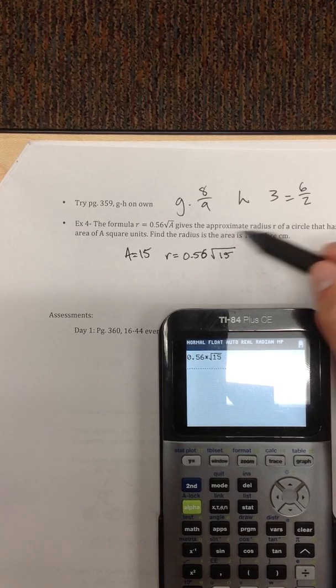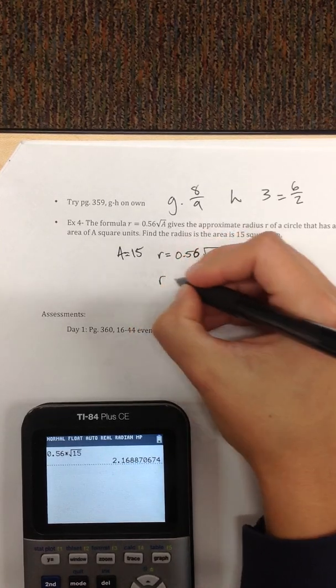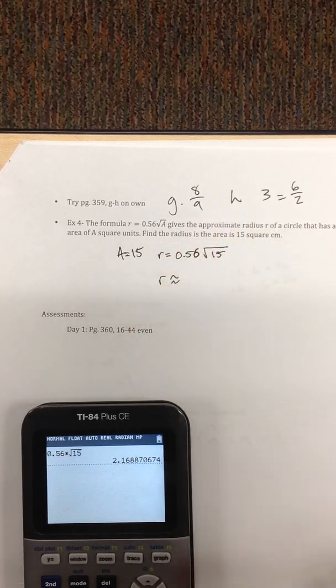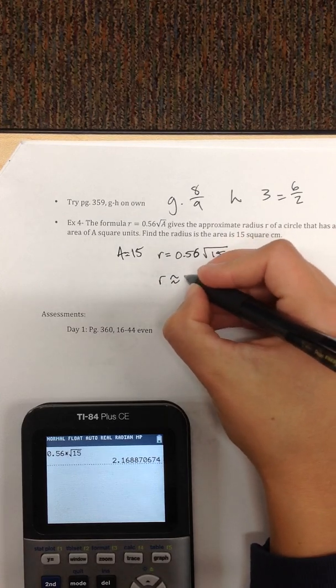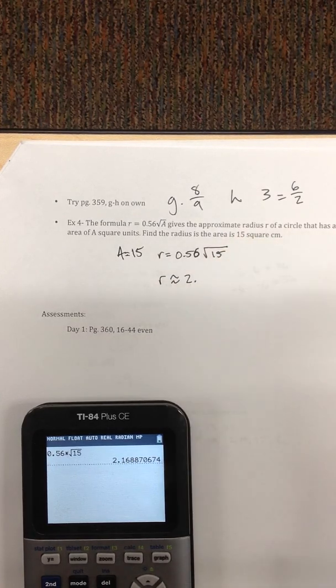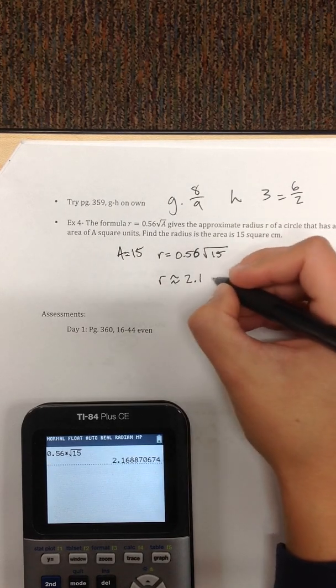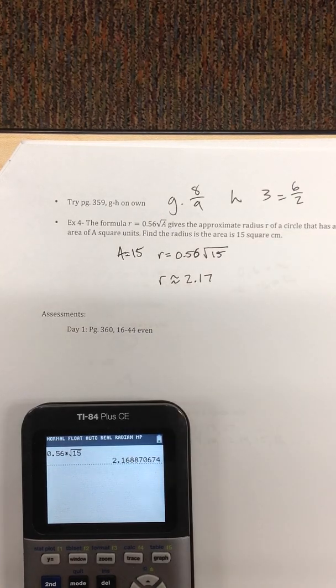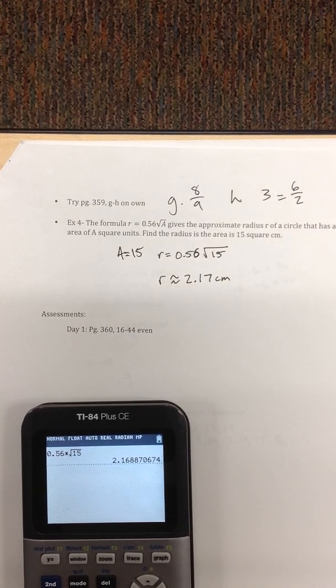But since they just want an approximation, because they say approximate, we can just write our radius is, and then if you do a squiggly equal sign, that means approximately equal to. And then we'll just go 2 point, and I don't think they tell us what to round to. So we'll just go 2.17. That should be good. And we were measuring in centimeters. So we'll go with that.